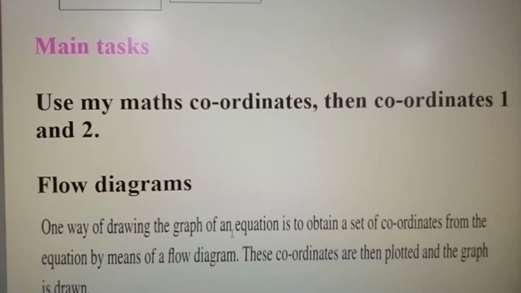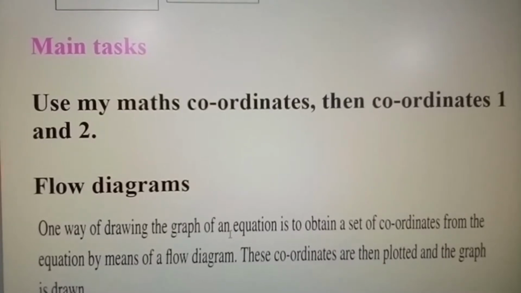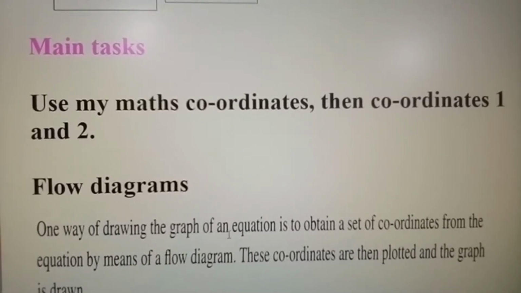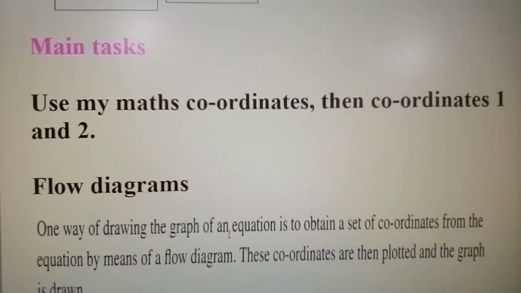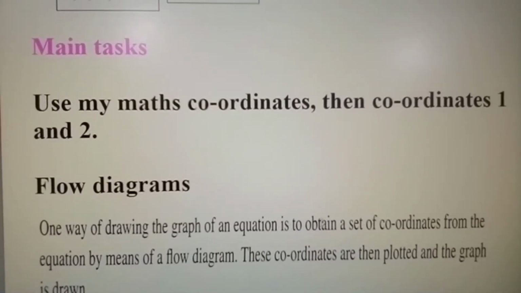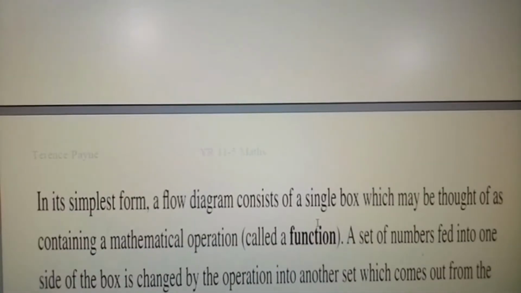One way of drawing the graph of an equation is to obtain a set of coordinates from the equation by means of a flow diagram. These coordinates are then plotted and the graph is drawn. Now remember that the graphs drawn here are not precise. They ought to be, but there are some errors in printing and so forth, so I will try to highlight those as I go on.